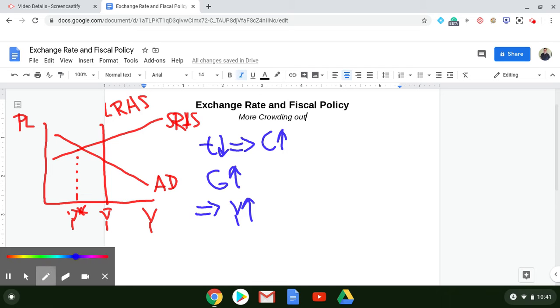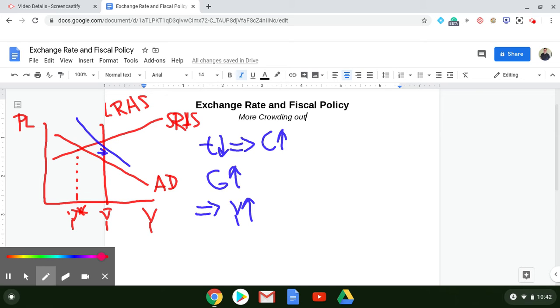Well, we've talked about how that's effective because this will increase the aggregate demand line. And we've also talked about how it's ineffective because of lag, because of politics, because of the money not going to the right places, and so on and so forth. But we also talked about this crowding out effect.